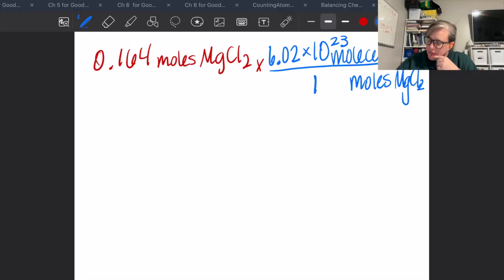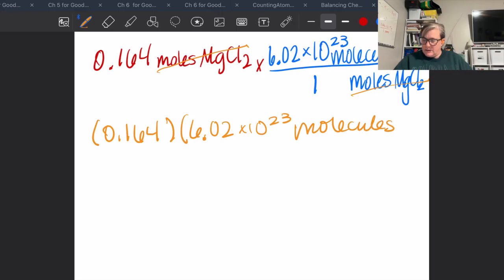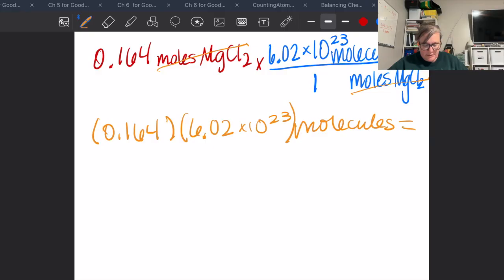So we've got moles on the top and moles on the bottom, so those are going to cancel out. And we're going to end up with 0.164 times 6.02 times 10 to the 23rd molecules. And again, if you need help putting those in your calculator, I'll be happy to help you.